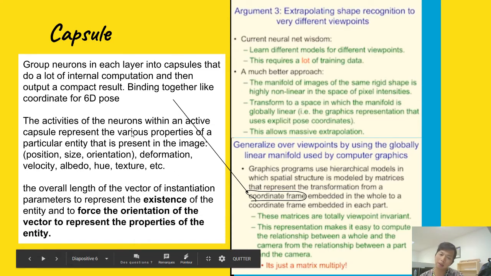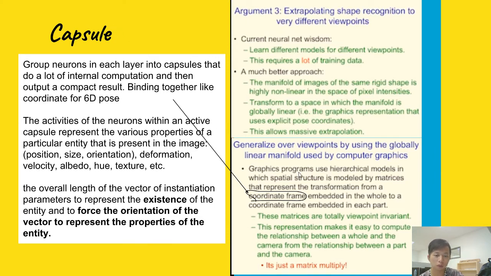So where is this idea from? Actually, it's from computer graphics. Graphics programs use hierarchical models in which spatial structure is modeled by matrices that represent the transformation from a coordinate frame embedded in a whole to a coordinate frame embedded in each part.